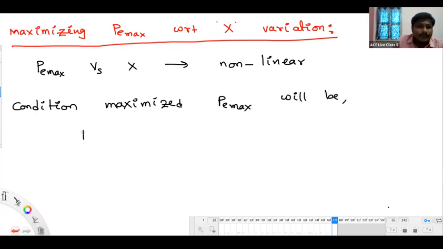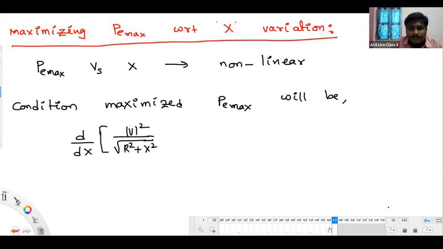look here, d by dx of PE maximum. Already you have the PE max equation, right? Mod v square by root of r square plus x square minus mod v square into r by r square plus x square, equal to 0.